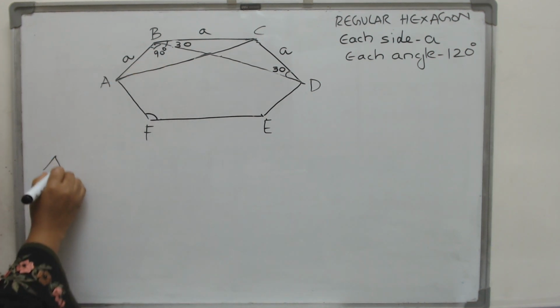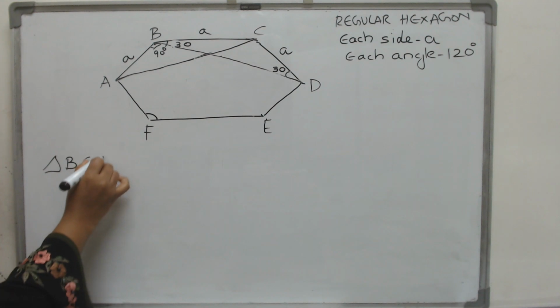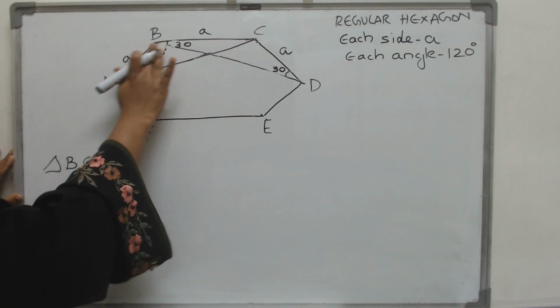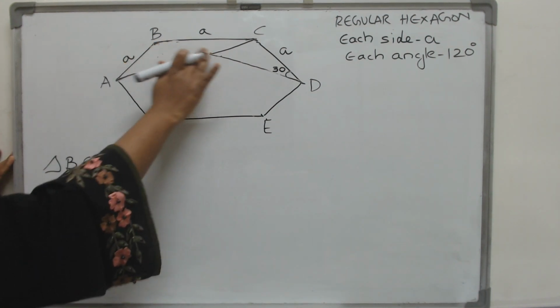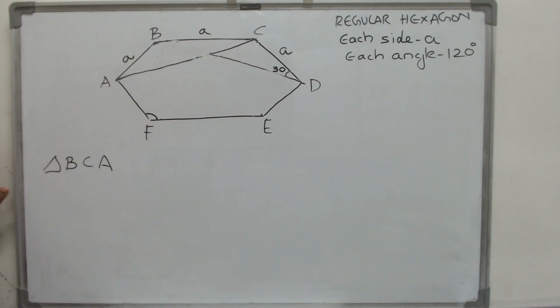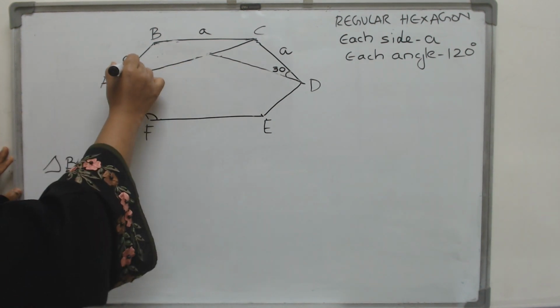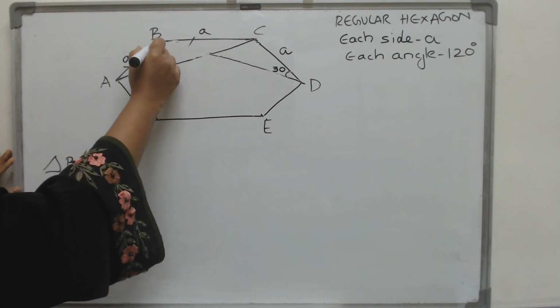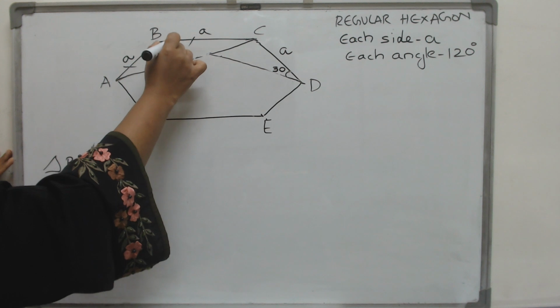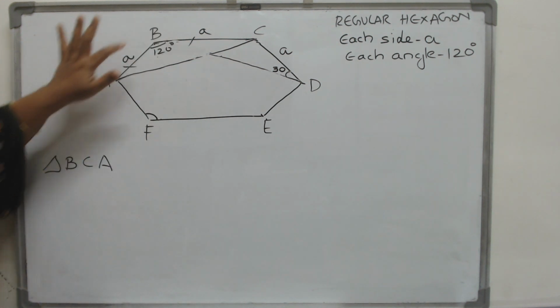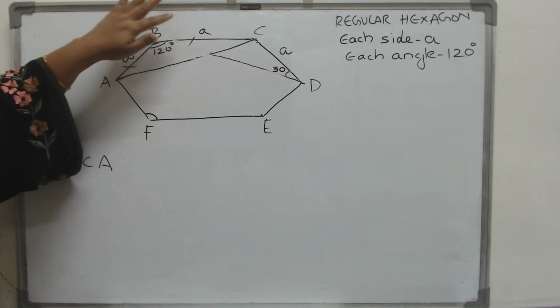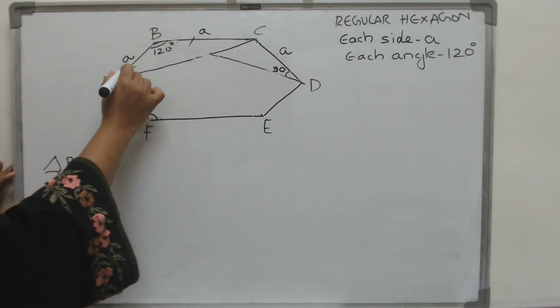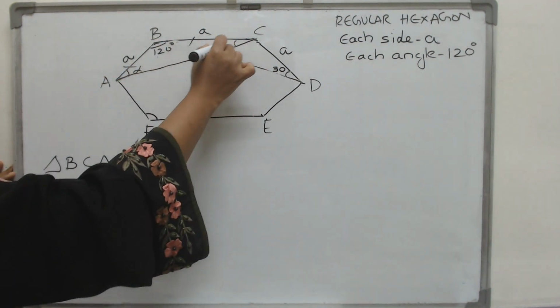Now consider the triangle BCA. For that, let me just remove this line segment that you see here. What sort of a triangle do you see? Again, you see an isosceles triangle. What is the measure of angle B? Each angle is 120 degrees. Again, two equal sides means two equal opposite angles.